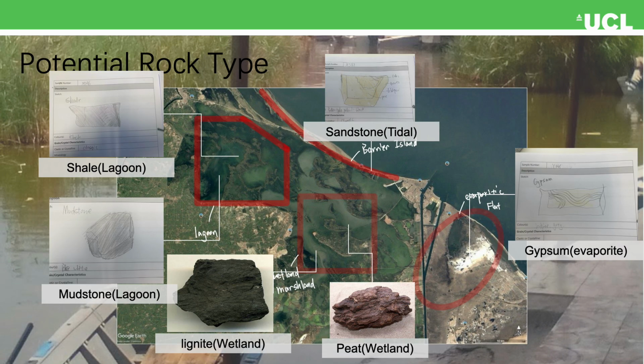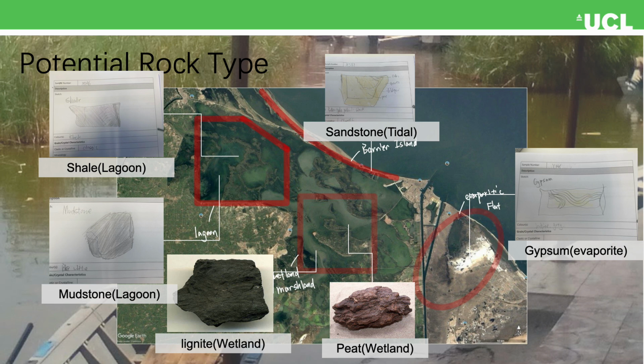Because of the spatial complexity at Lake Menzala, I've outlined the key zones in red to show where different rock types form. In barrier and tidal areas, we expect sandstone, well sorted, shaped by waves and tidal energy. The lagoons favor mudstone and shale, deposited in low-energy, fine-grained conditions.